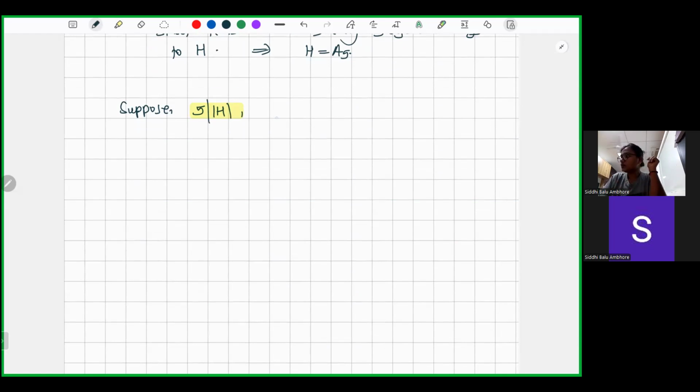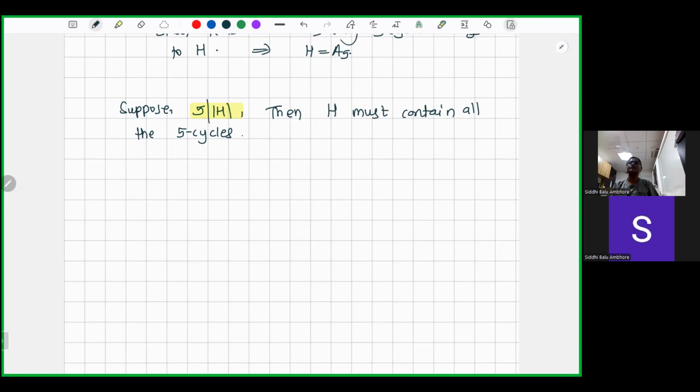Okay, so now what this implies then, H must contain all the 5 cycles, right?